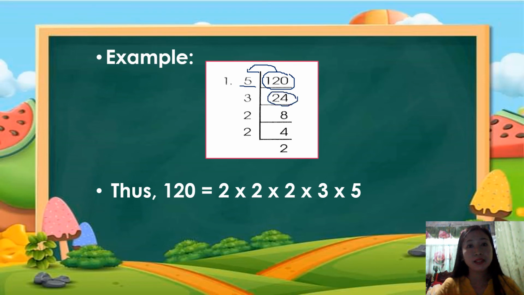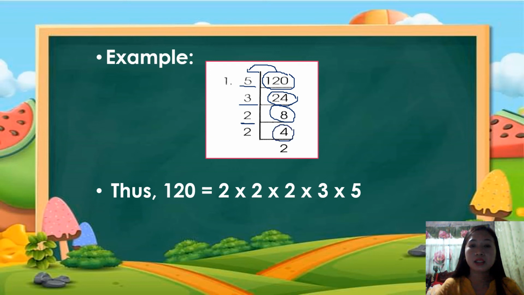Now 24 is not yet a prime, so we divide it by a prime number, which is 3. 24 divided by 3, the quotient is 8. 8 is not yet a prime number. It is a composite number, so we divide it again by the prime number 2. 8 divided by 2 is 4.